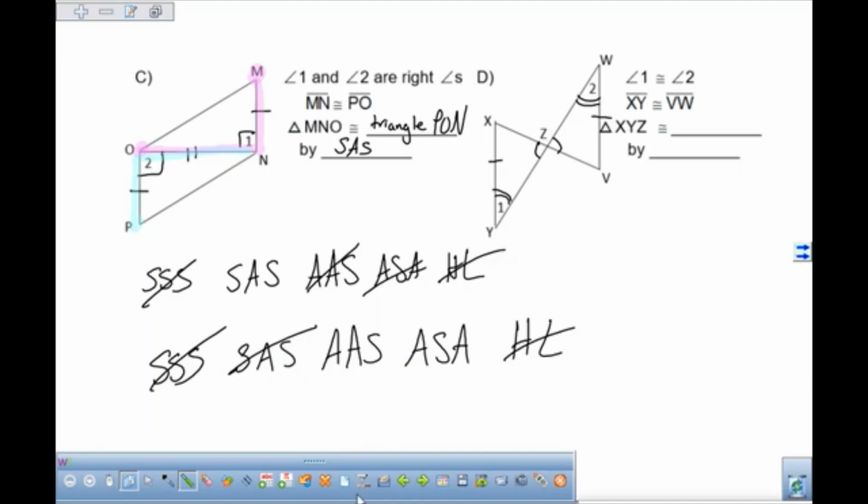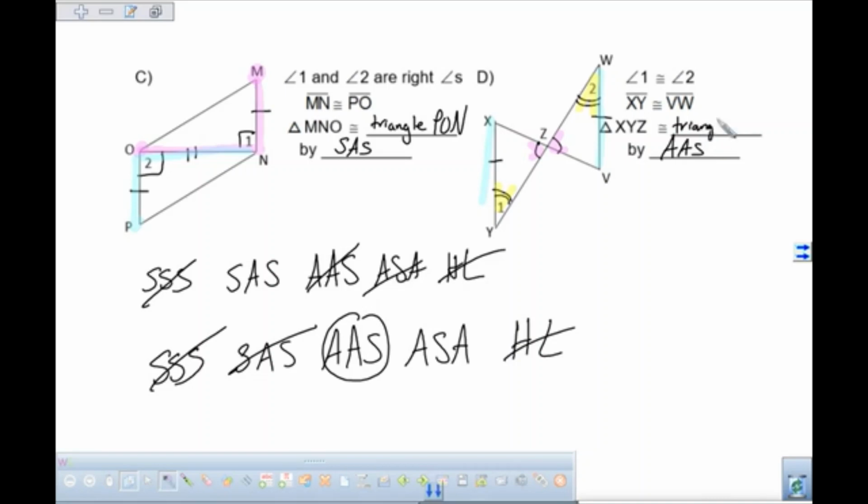Then we need to look at where our side is in relationship to our angles. Our side is not being made by our angles, so we have angle, angle, side. And triangle XYZ is congruent to triangle VWZ.